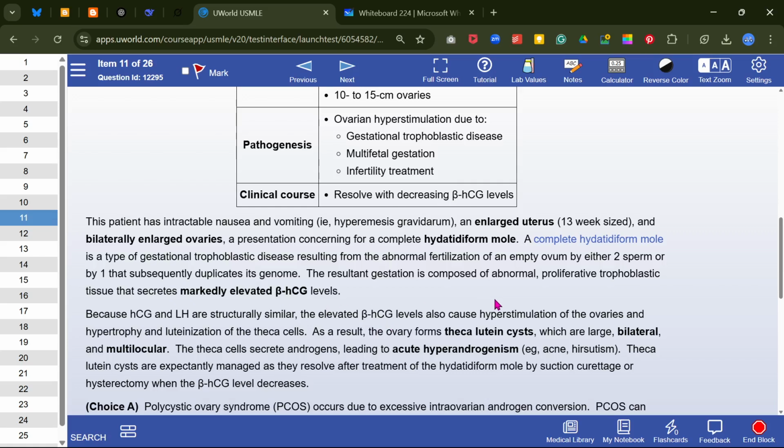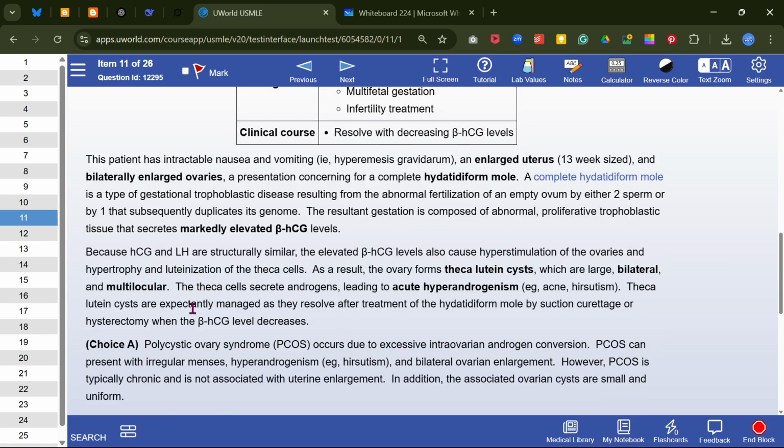The elevated hCG causes hyperstimulation of the ovary, hypertrophy, and luteinization of the theca cells. As a result, the ovary forms theca lutein cysts, which are large, bilateral, and multilocular. The theca cells secrete androgen, leading to acute hyperandrogenism.